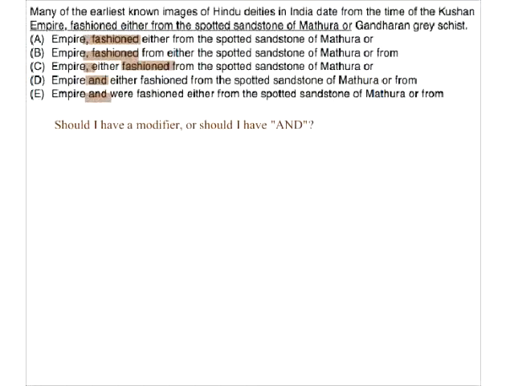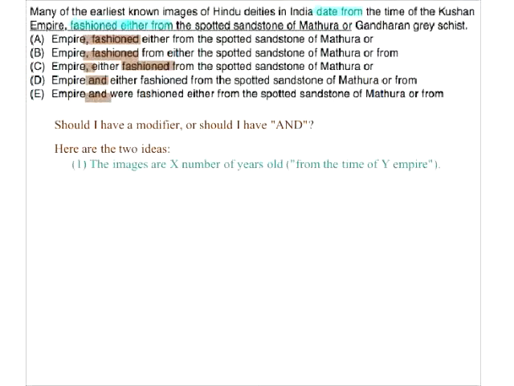Well, here are the 2 ideas: how old they are and what they're made of. Number 1, the images are like X number of years old, like from the time of Y empire. The other idea is the images are made from one of 2 types of rock.